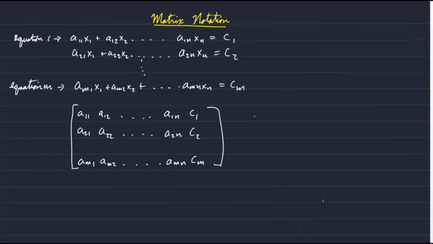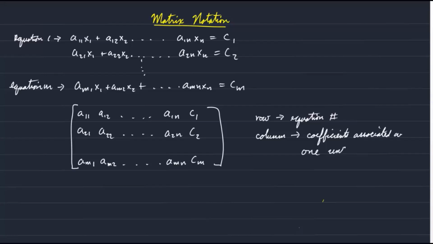So the row corresponds to the equation number, and each column describes the coefficients associated with one unknown.